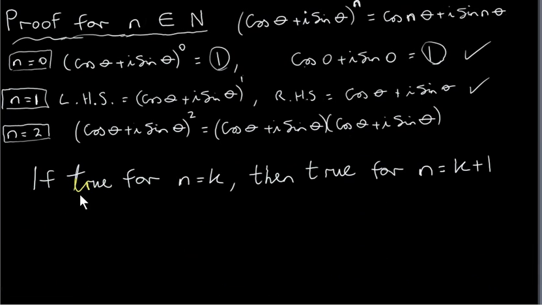So now we know that if the theorem is true for any positive integer k, then the theorem is true for n equals k plus 1 if we add 1 onto that integer. So if it's true for n equals 2, it's also true for n equals 3. If it's true for n equals 3, it's true for n equals 4. If it's true for n equals 4, where k is 4, then it's going to be true for n equals 4 plus 1, or n equals 5, and so on.